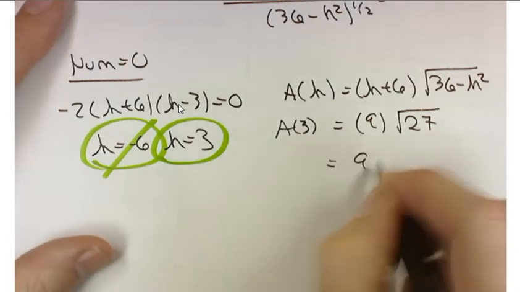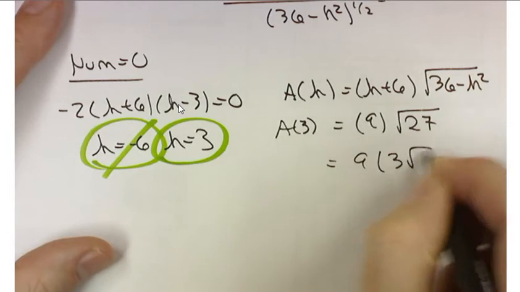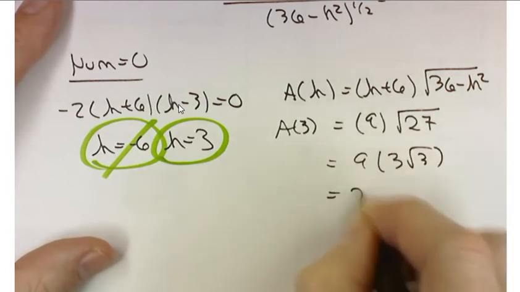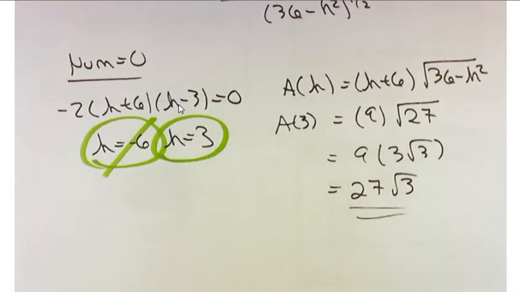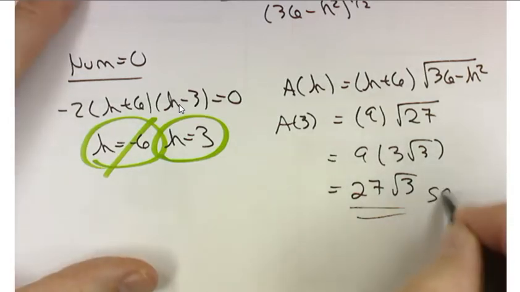So 9 times 3 square roots of 3, or basically 27 square roots of 3. Yay. So that's the maximum area. If you want to be fancy, we should probably call that square units.